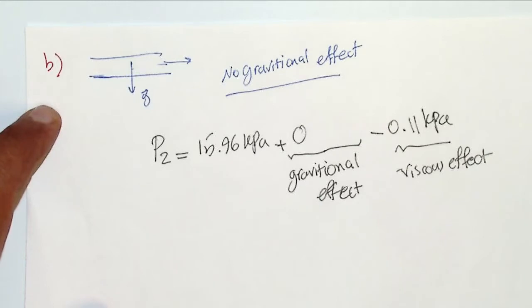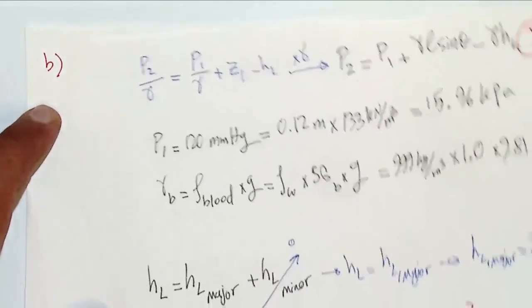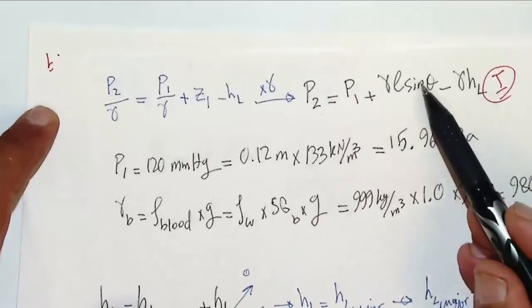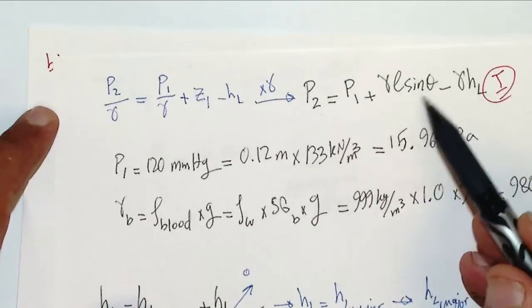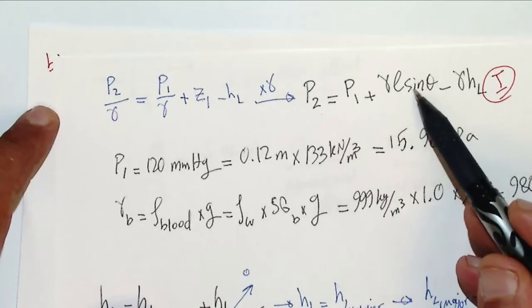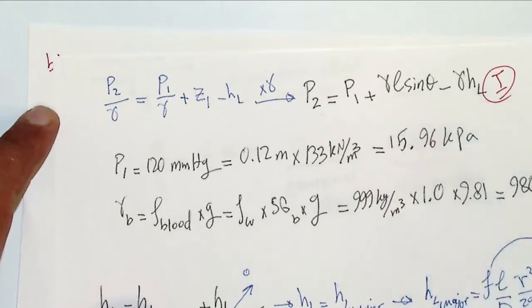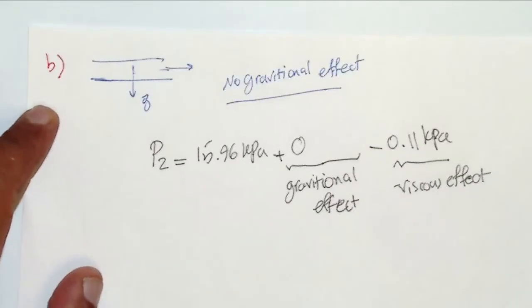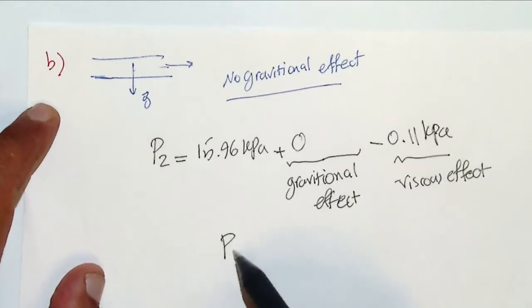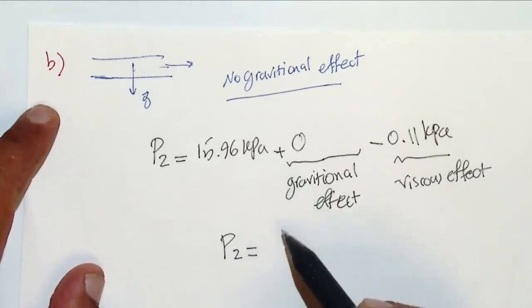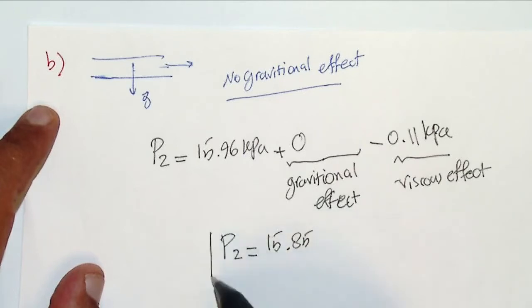Why? Because if you see the equation that you have here, in the equation you have L sine of theta. Theta is 0 here, so it's going to be 0. If it's not 0 there, it's going to change based on the direction that you have. So P2, by doing the calculation, is going to be 15.85, right?